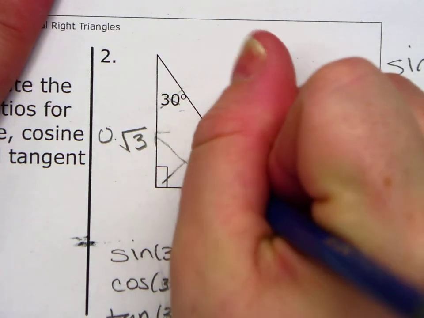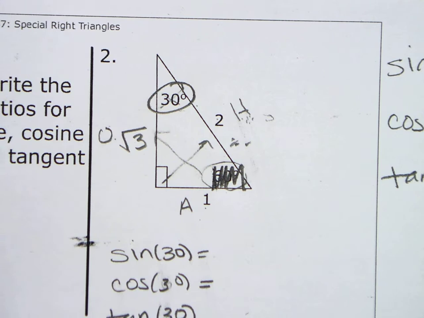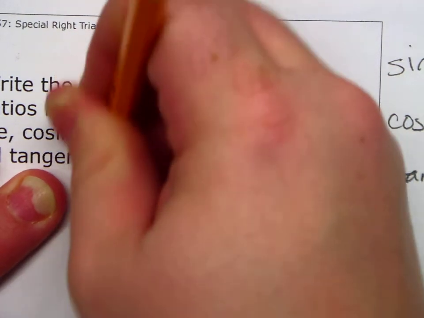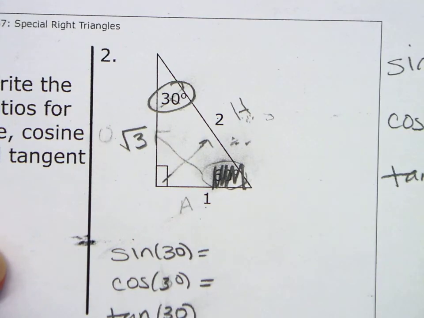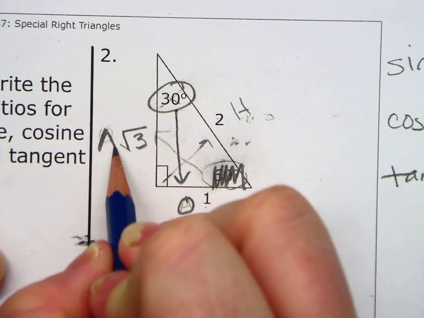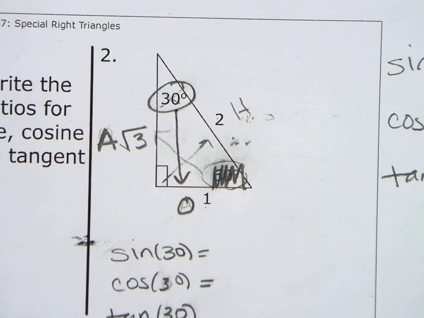Now I don't care about the 60, I care about 30. So what's across from 30? Across from 30 is your 1. This becomes your opposite. This becomes your adjacent. So they end up switching.